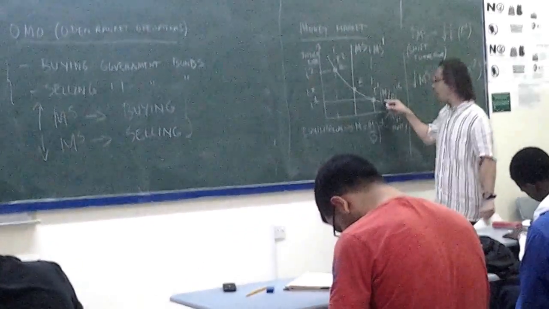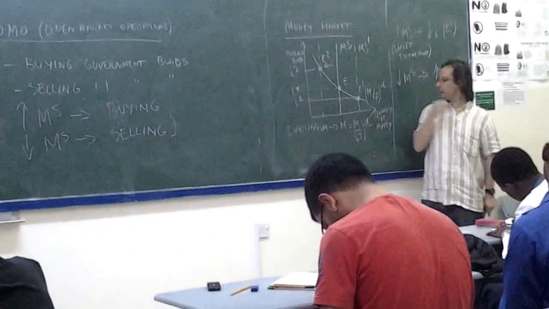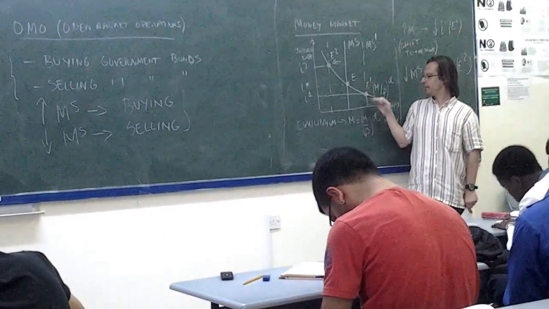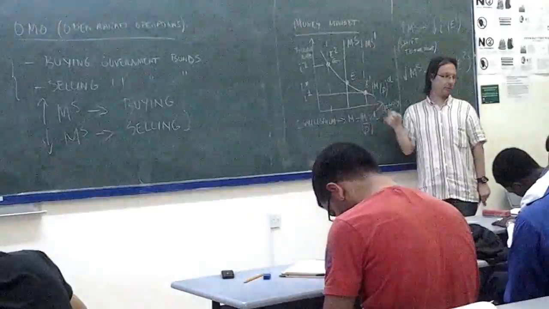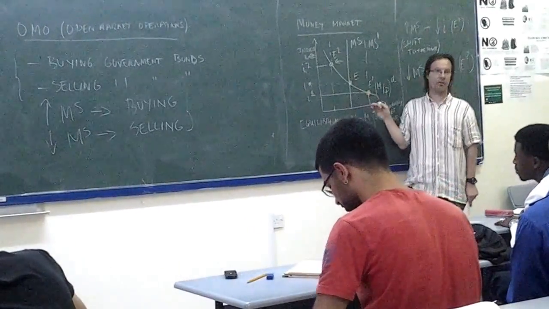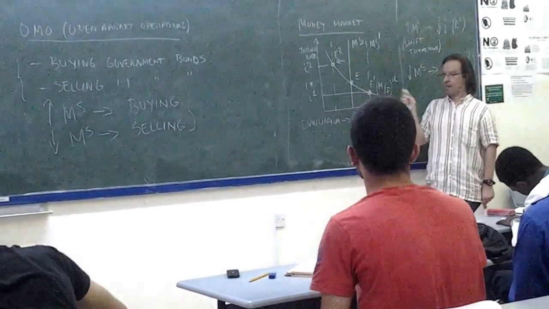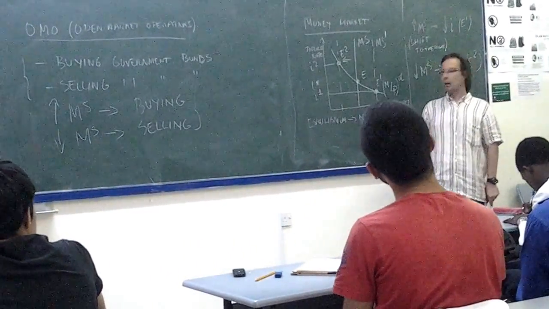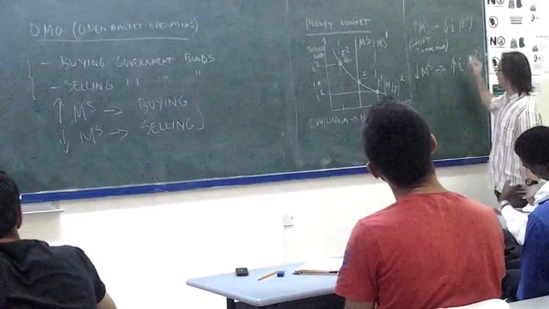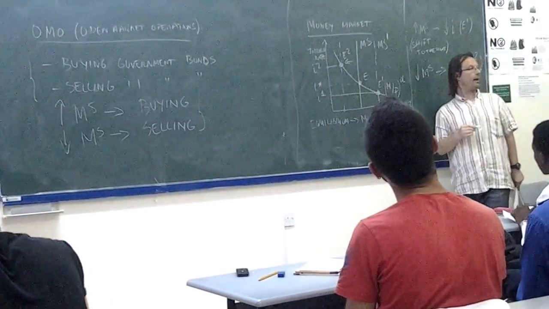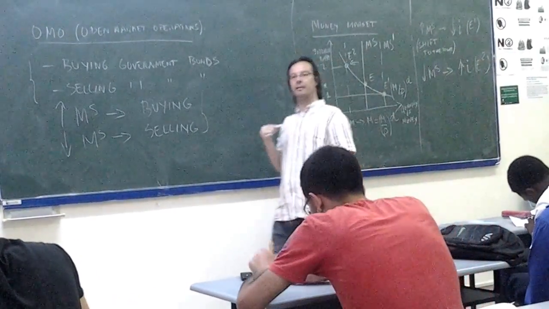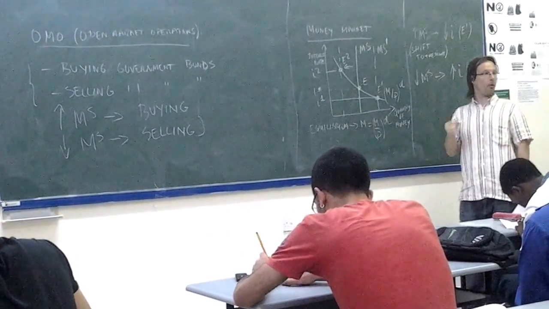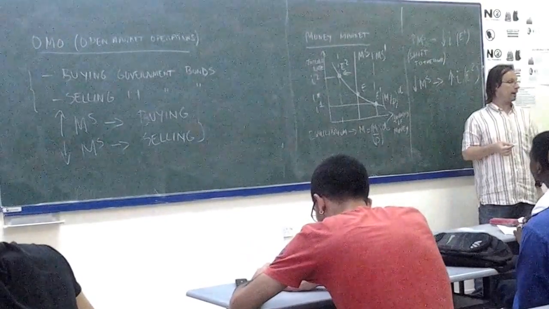This is the demand for real balances, because remember the way we explain this negative relationship between the interest rate and money demand. Demand for real balances is money supply divided by the price level. If we increase money supply, there is a decrease in the interest rate, and this is going to stimulate economic activity. Why?